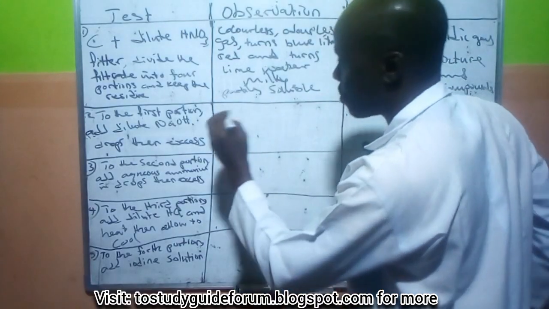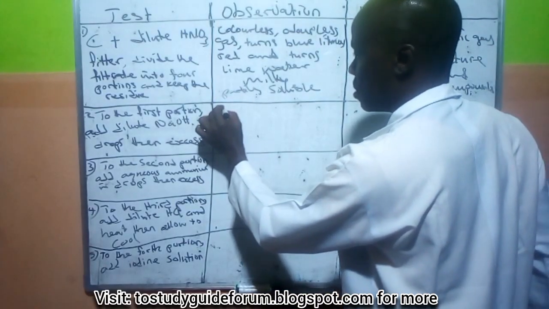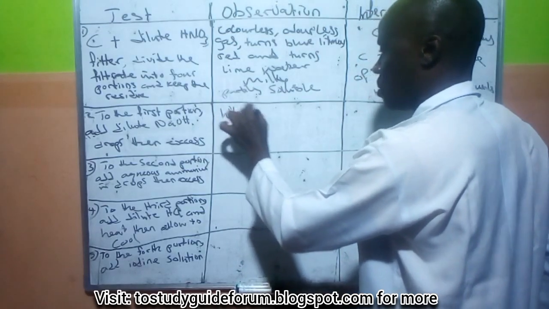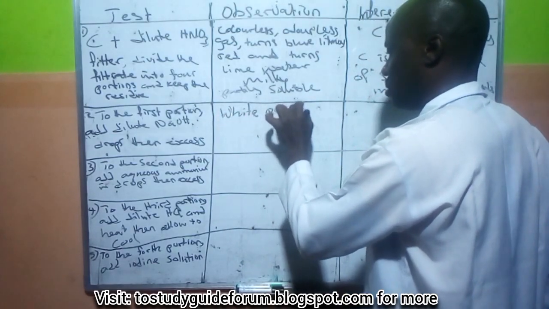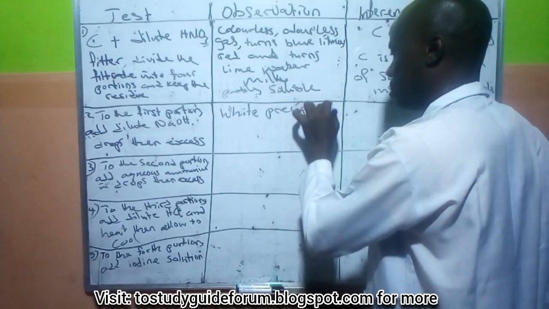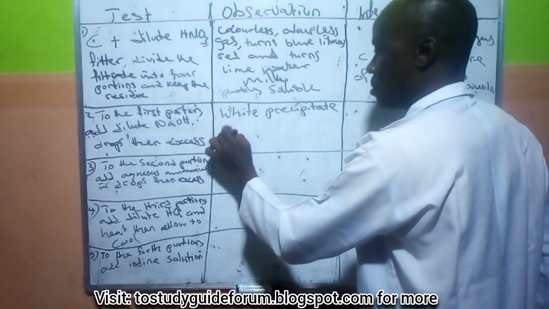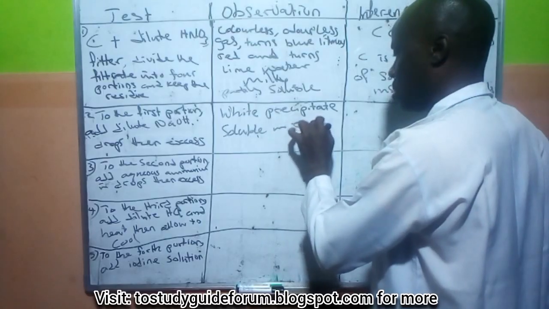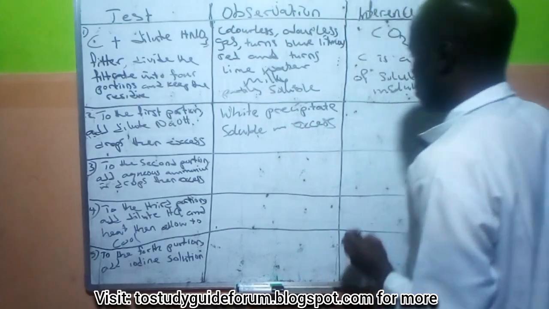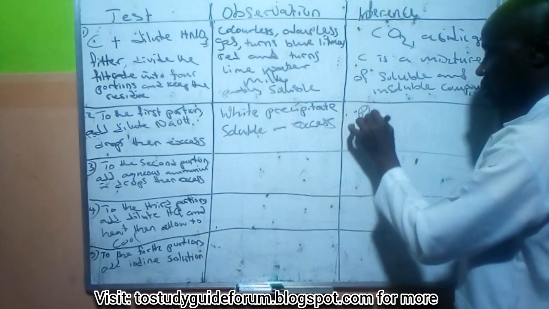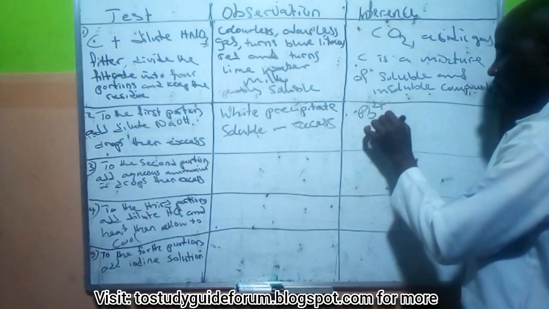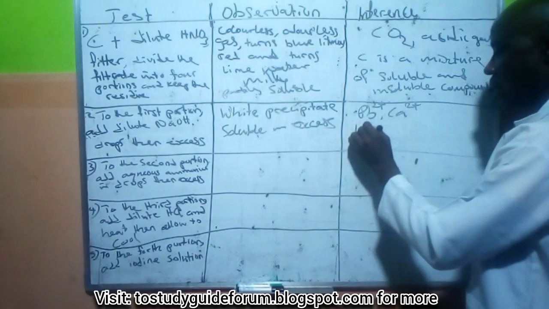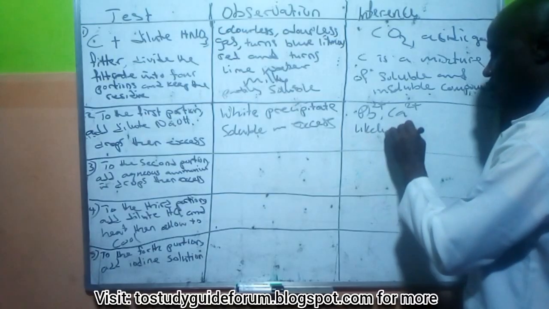So this one gives us a white precipitate, soluble in excess. So what we have here is lead(II) ion, calcium ion, likely present.